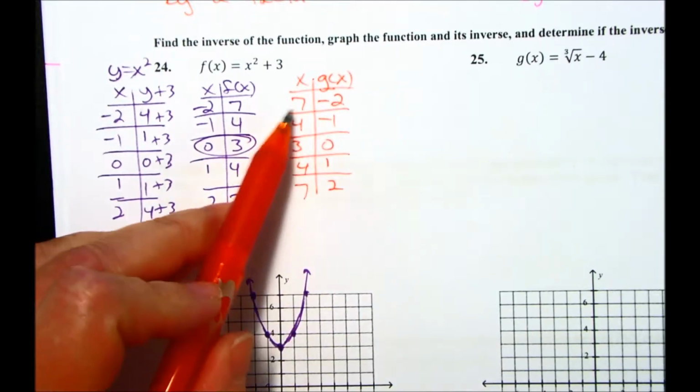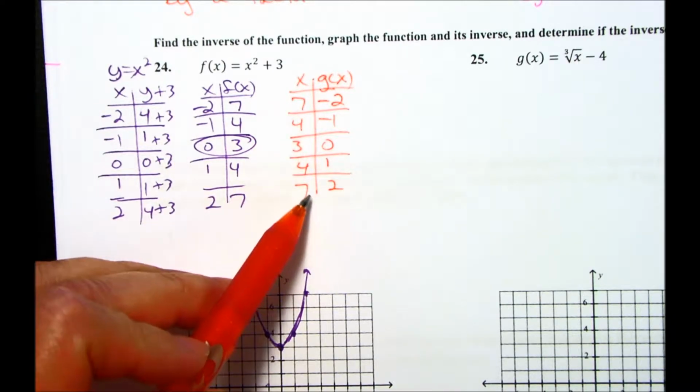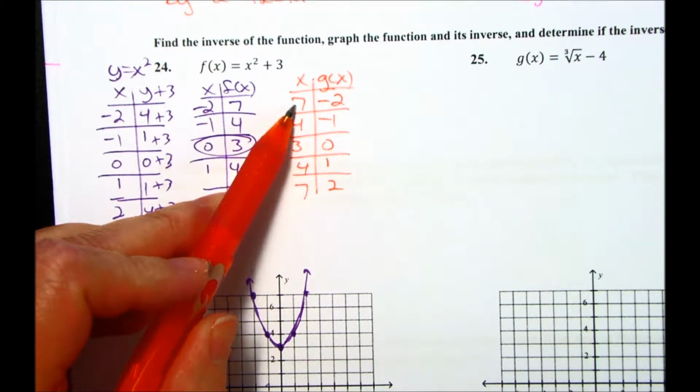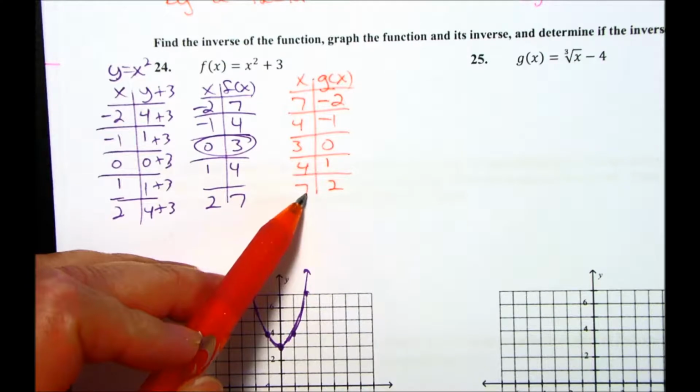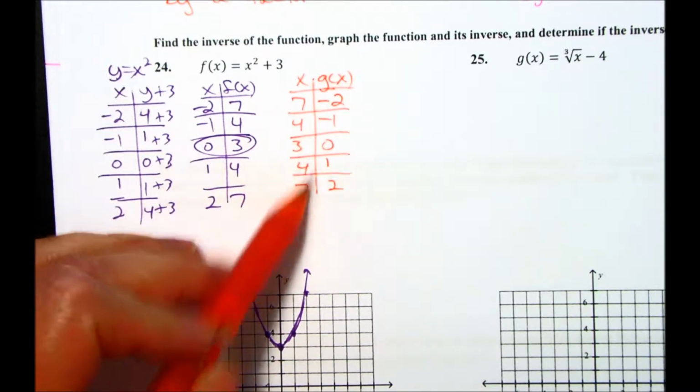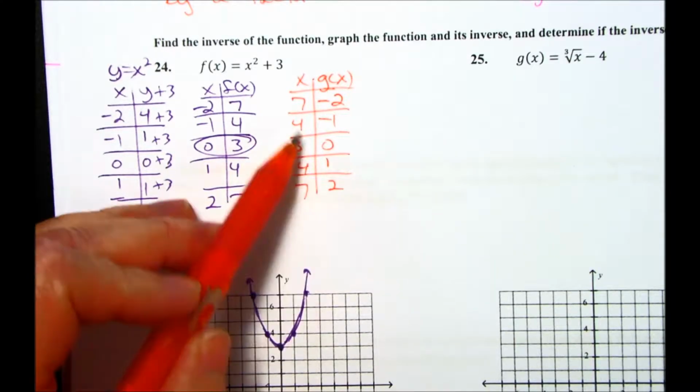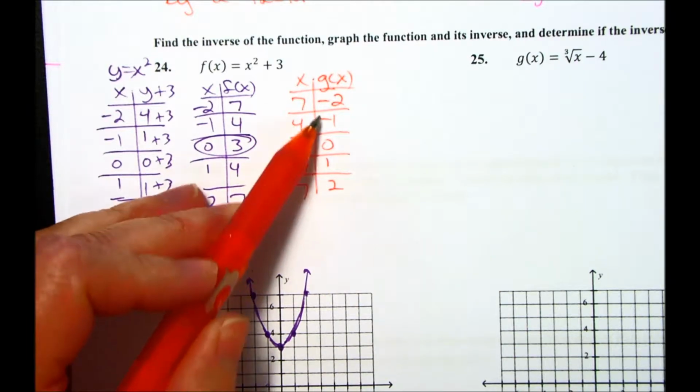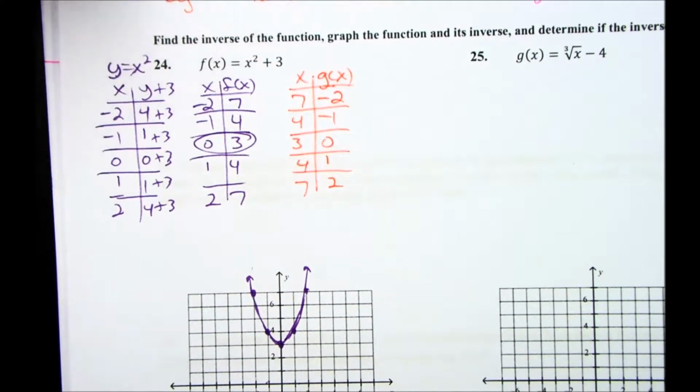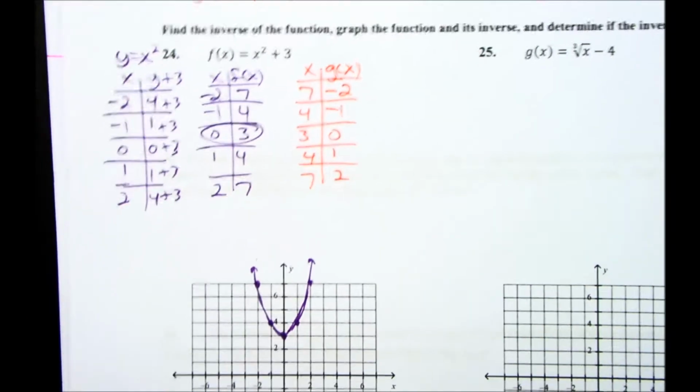Now you can see for sure this is not going to be a function, because there are 2 points that have an x coordinate of 7, and 7 has more than one y value, and the 4 also has more than one y value. So that proves the inverse is not a function.